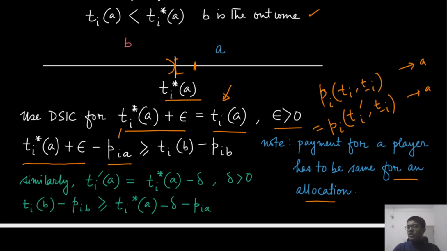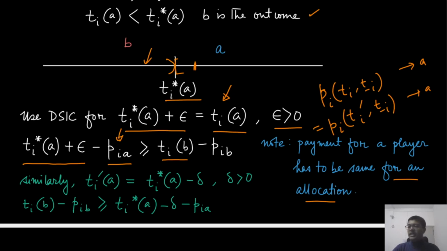So all that we actually need is the payment at a particular alternative, and that is what we have written here. But let's say player I misreports something else. If he misreports anything within this interval, greater than or equal to TI star of A, the outcome does not change.